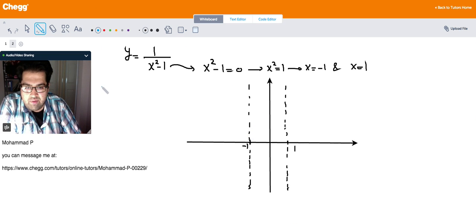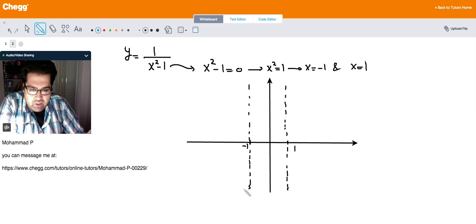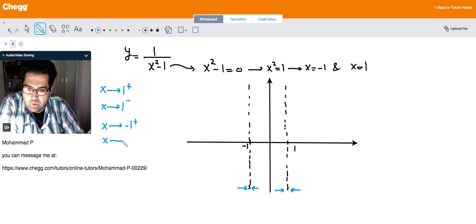Let's try some values. I have two sides to approach at each: x going to 1 from the right side, x going to 1 from the left side, x going to negative 1 from the right side, and x going to negative 1 from the left side.